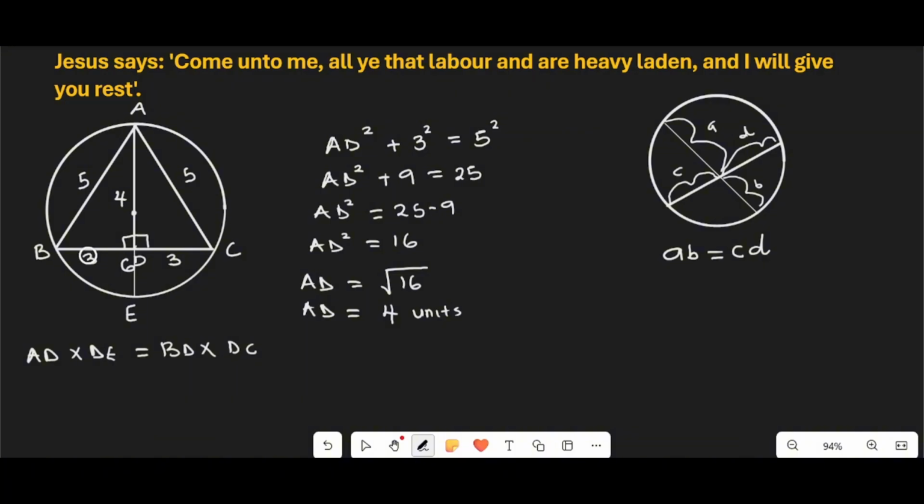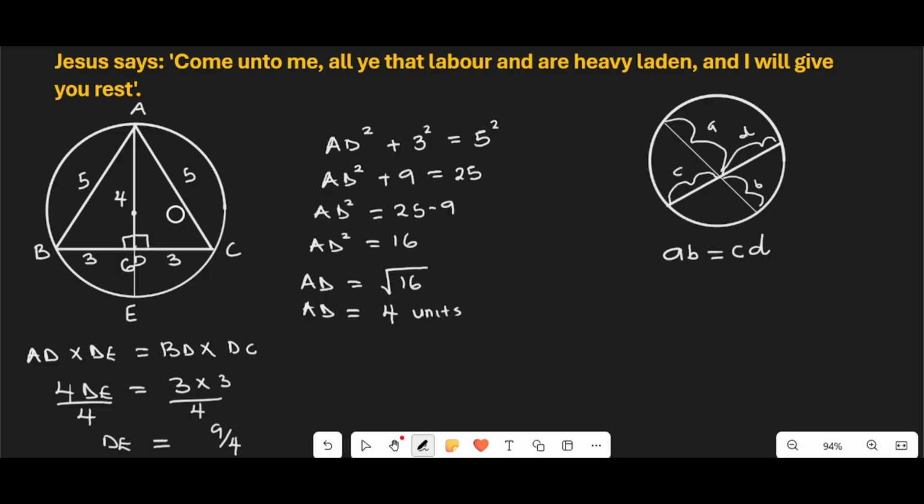Our BD is 3 units and DC is 3 units. Let us put it here too. So 4DE equals 3 multiplied by 3. That means if we divide both sides by 4, DE equals 9 over 4. So from this point to this point is 9 over 4.